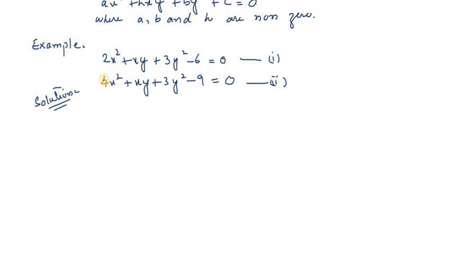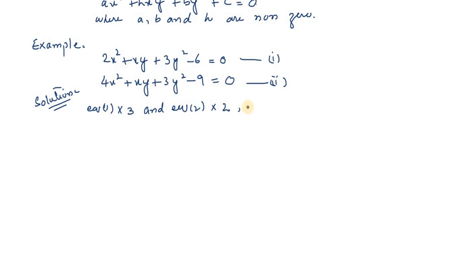Here we use the elimination method. We have to multiply equation number 1 by 3 and equation number 2 by 2 for making the coefficients of both equations equal.